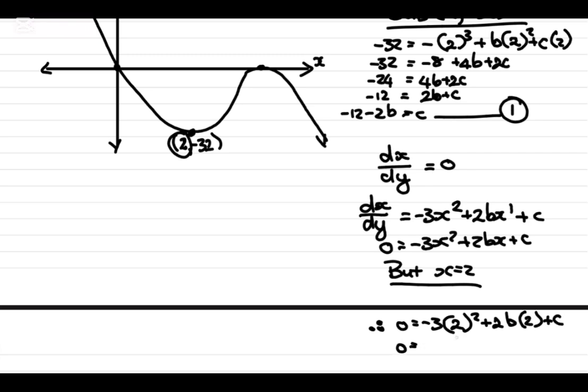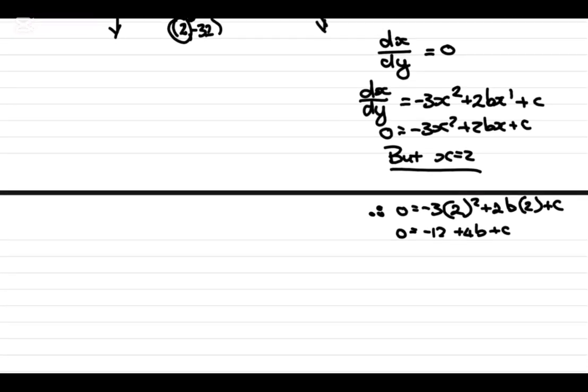So this becomes 4. So this becomes negative 12 plus 4b plus c. Let's just make c the subject of this. We'll take this across, so it becomes 12 minus 4b. And we'll make this equation 2.